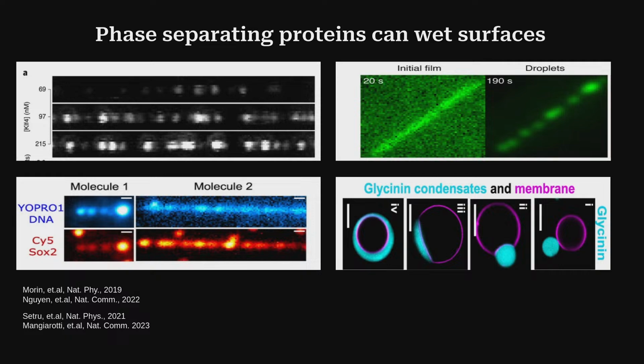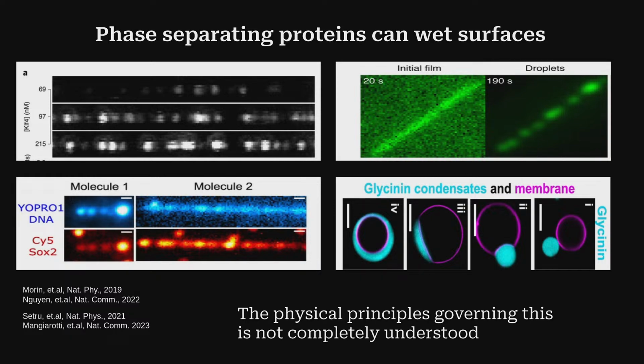So when you are at concentrations even lower than CSAT, you can have these droplets forming on the surfaces. The physical principles behind this condensation on surfaces are not completely clear, so that's what we want to understand, but we are also motivated by a very specific biological system, so I'll come to that.